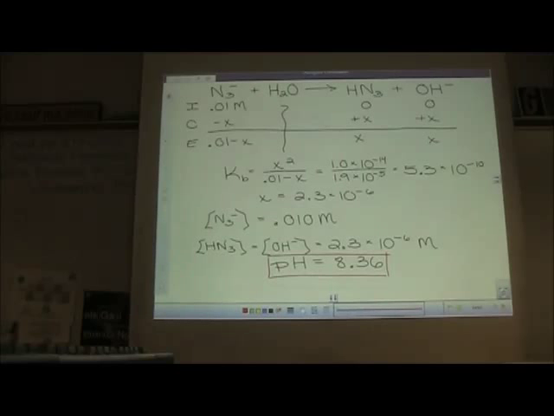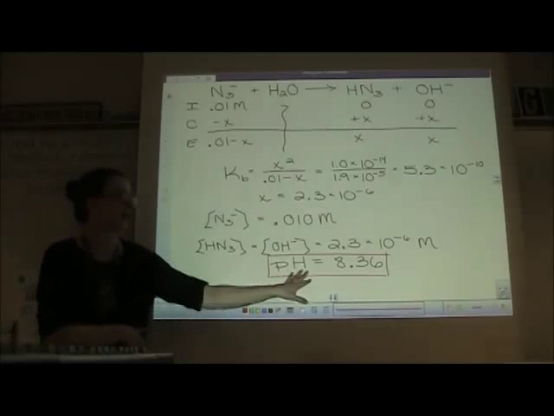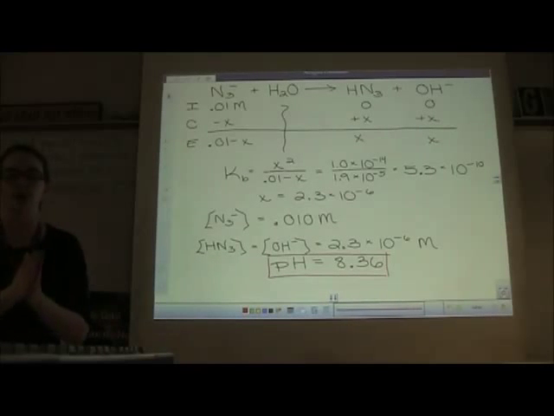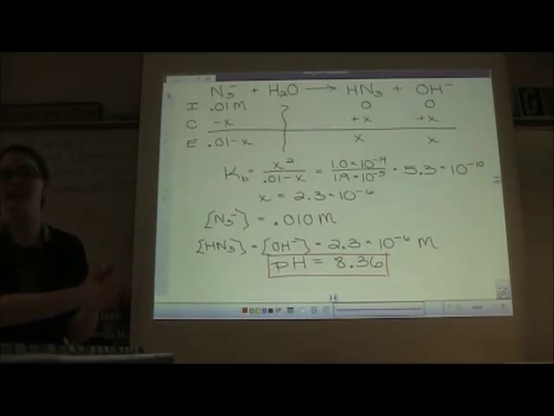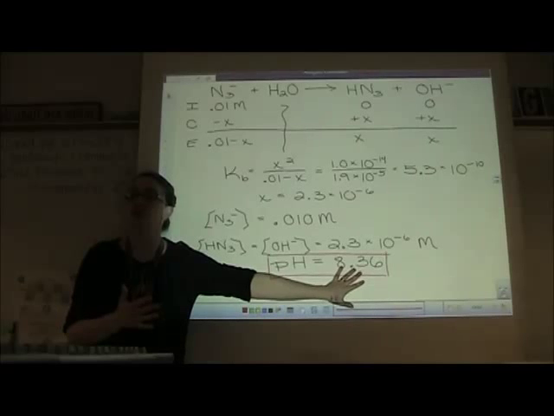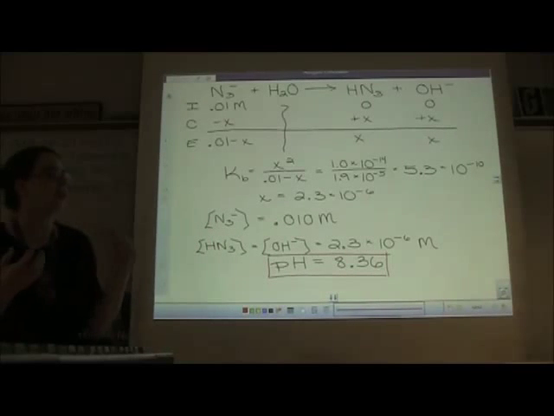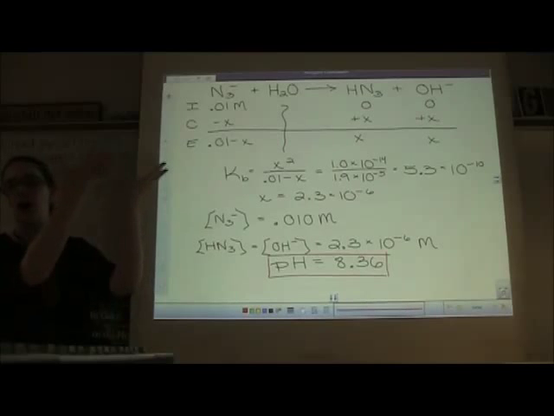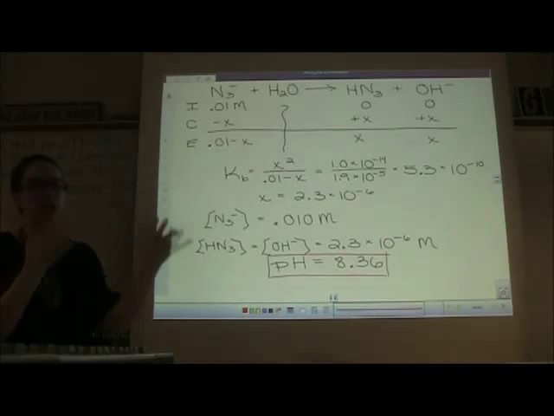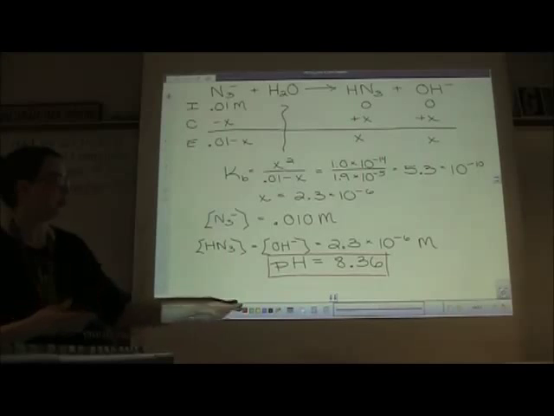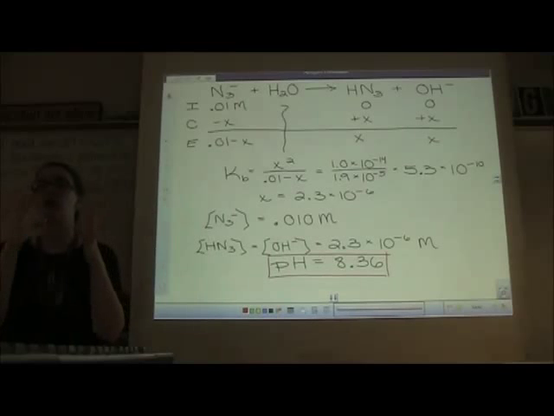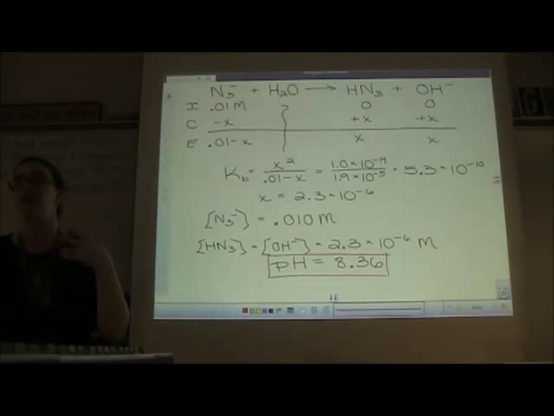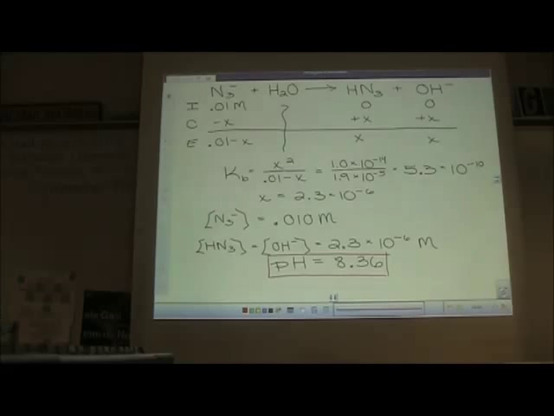Now guys, as much as I have said, don't worry about where this falls in the basic range, I do want you to be aware, when we say that a salt is basic, that's true, but a basic salt is never going to give you a pH as high as a weak base or a strong base. pHs for salts are going to be much, much closer to 7 than, say, weak bases or strong bases, weak acids, strong acids.